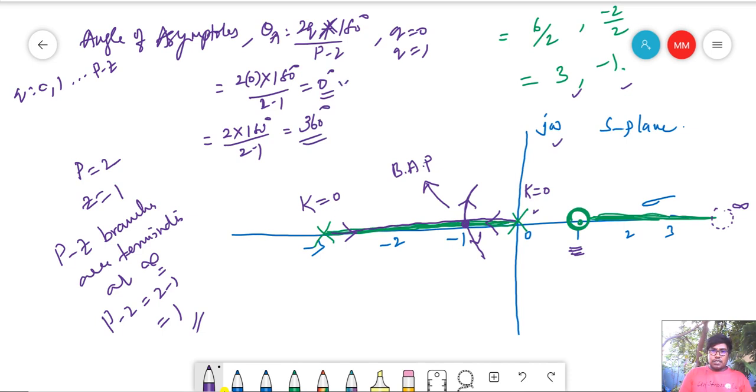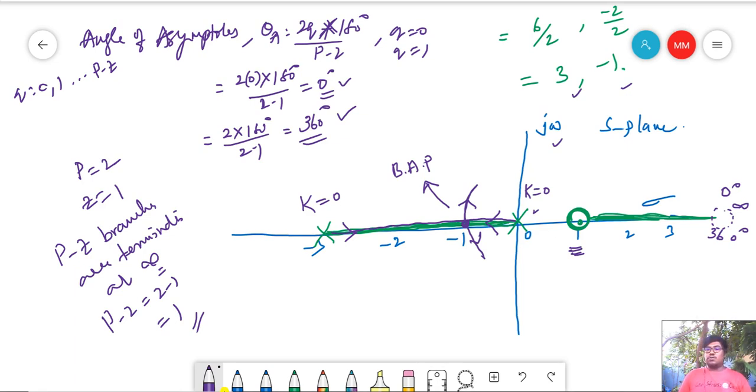Okay, 360 and 180. So along this line only, I can write here 0 degrees or 360 degrees, right? Simple. So at the value of 0 degrees or 360, there is a 0.